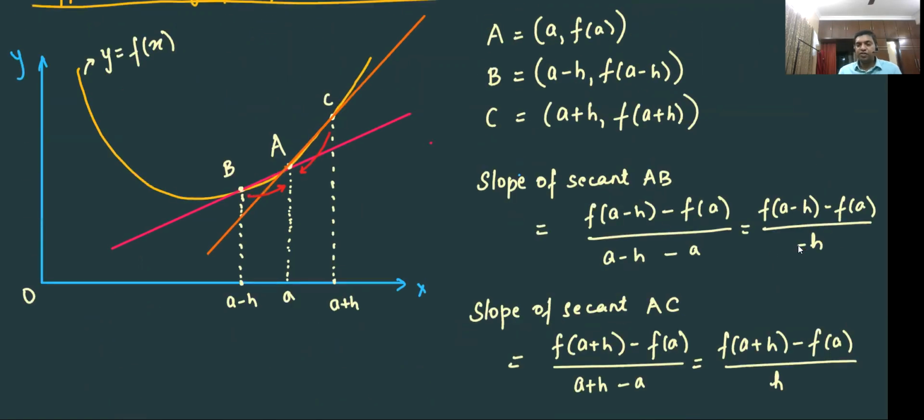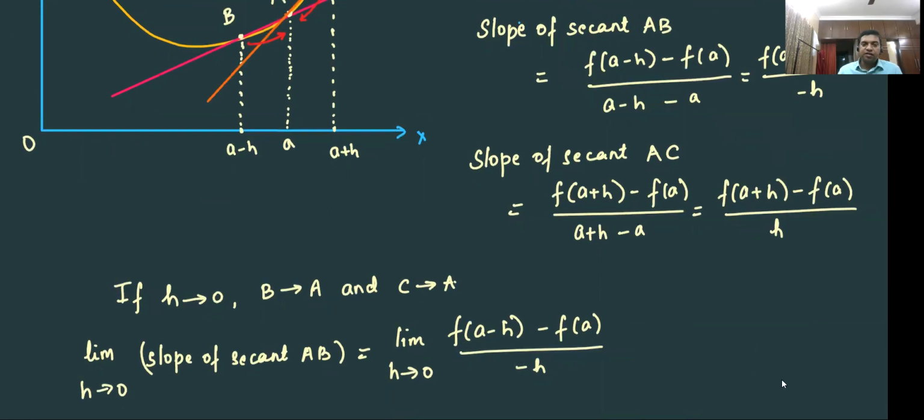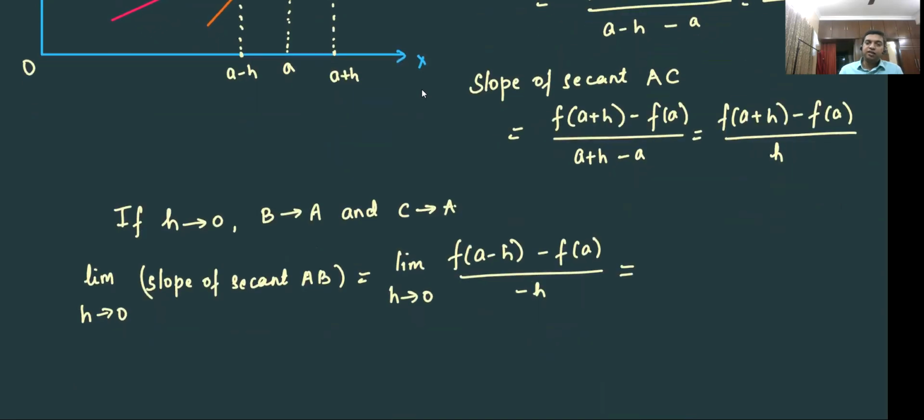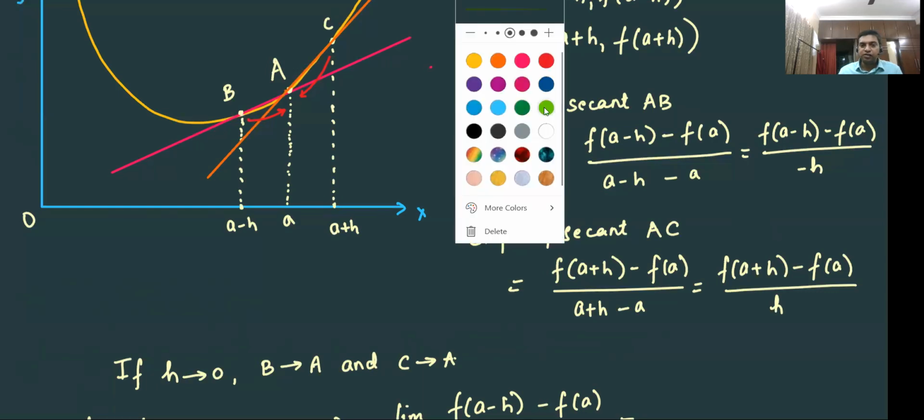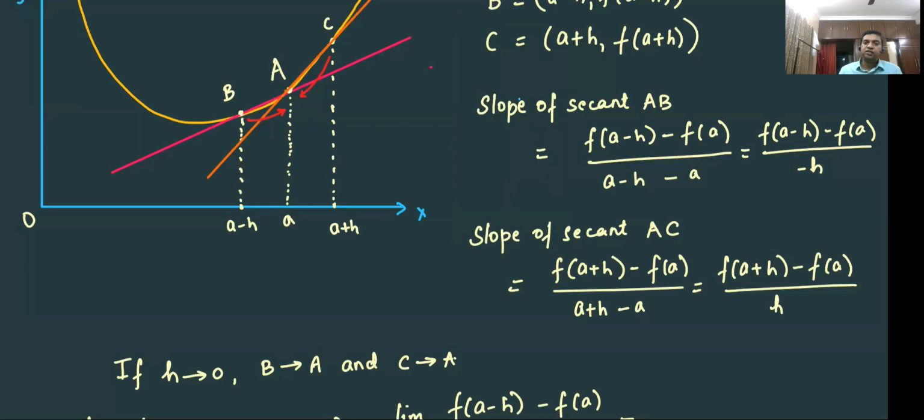This one is the slope of secant AB. What is this? Now as B tends to A, that means B coincides with A. All right, then what happens is this.